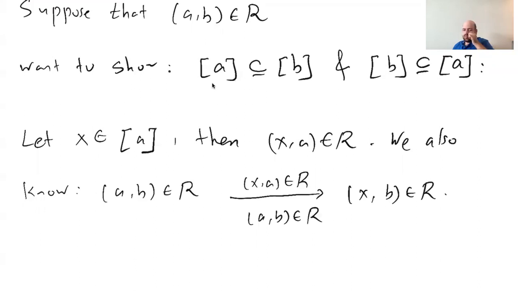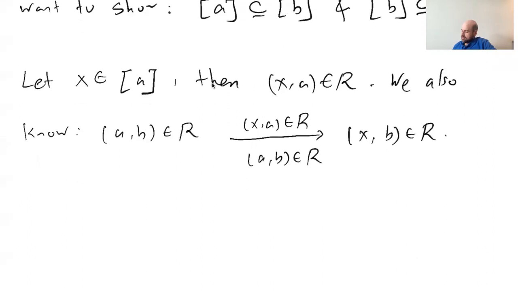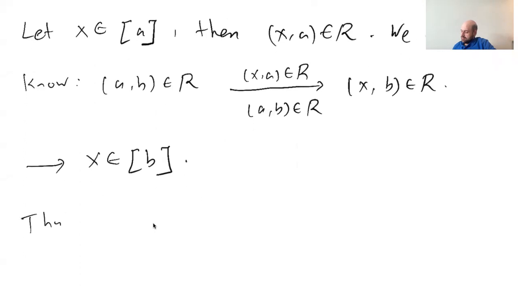If (X, A) is in R and (A, B) is in R, then (X, B) is in R. And that means X belongs to the equivalence class of B, because the equivalence class of B means all elements X which are in relation with B. So we showed that if X is in the equivalence class of A, then X is in the equivalence class of B. Thus, the equivalence class of A is a subset of the equivalence class of B.